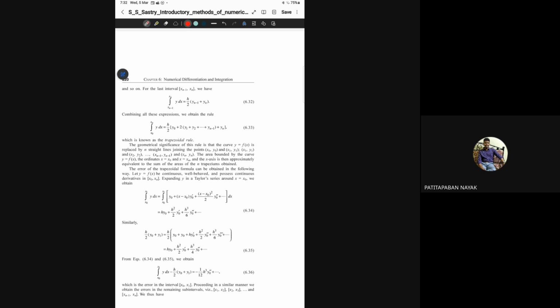So what is my a? A is equal to 2, and b is equal to 4. Now what do I want to do? I want to divide the interval between a and b into 10 strips. 10 strips means 4 minus 2 by 10, which is 2 by 10, equal to 0.2.